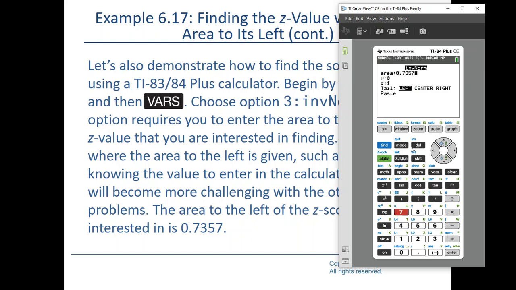Okay, and you're literally just going to type in that area, and because we're dealing with z, we're going to use our mean of 0, our standard deviation of 1. And those that have a TI-84 that has been upgraded, you're going to see the option for left, center, right. So you actually have a little bit more than most other people. Those that have a TI-83 will not see this left, center, right option.